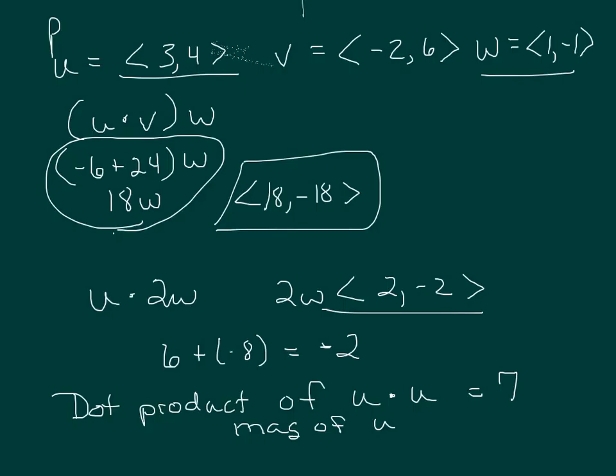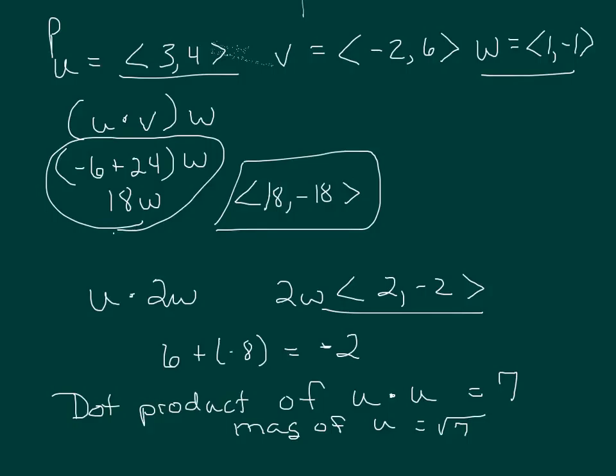The square root of 7, because the dot product is the magnitude squared. So if I tell you that the dot product of a vector with itself is 21, what's the magnitude of the vector? Square root of 21.